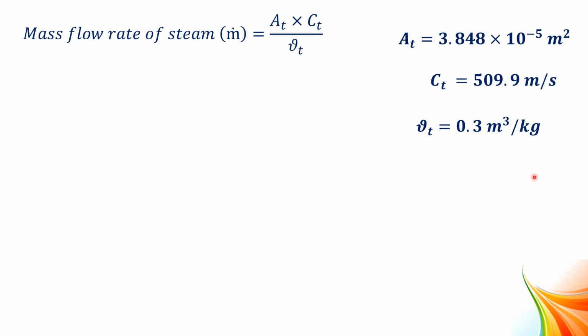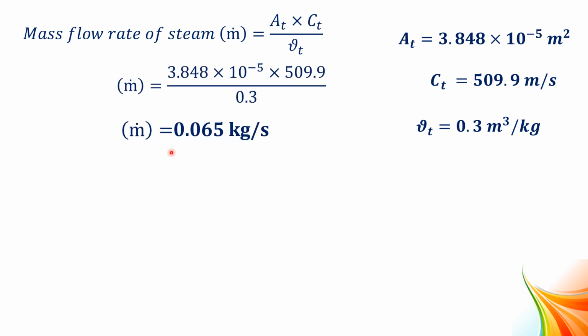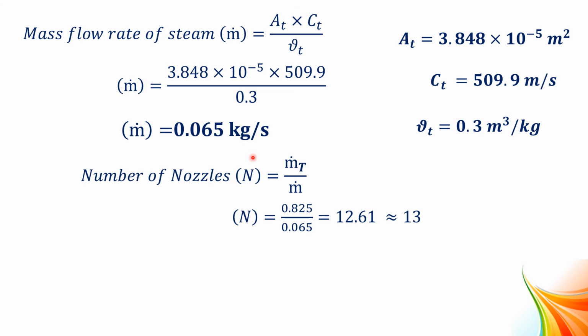Now substituting these three values in the mass flow rate equation, we get mass flow rate m dot equal to 0.065 kg per second. Now substituting the values in the number of nozzles, n equal to mT by m dot. Already we know the total mass mT equal to 0.825 and m dot equal to 0.065, we get 12.61. So number of nozzles equal to 13.